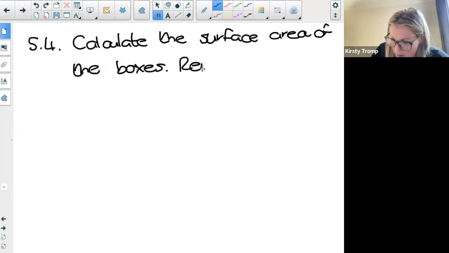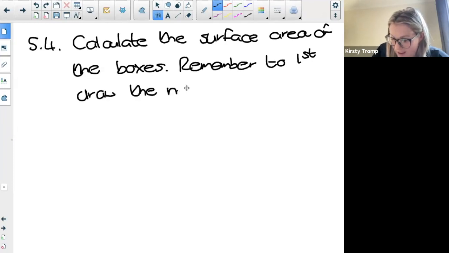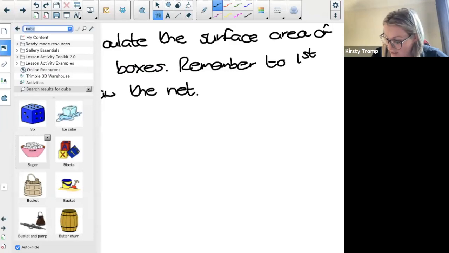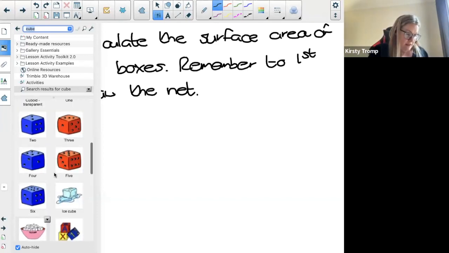Okay, remember to first draw the net. All right, so calculate the surface area of the box. Remember to first draw the net. Okay, so let's get a nice cube for you guys, and we're going to put that cube in there.